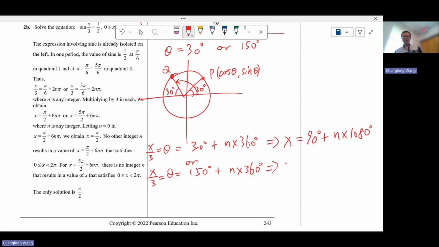But anyway, let's first make sure that you guys are getting all the possible angles starting from 30, right? Then you're going to multiply by 3. The same thing here, right? So it's 150 plus n times 360. We multiply everything by 3 to get x. It will be 450 plus n times 1080.